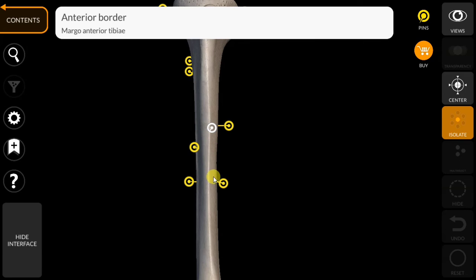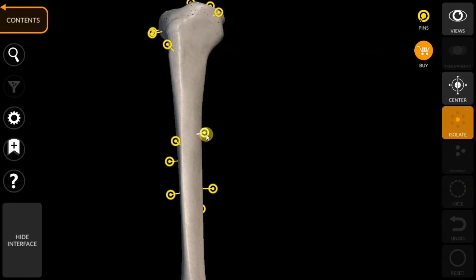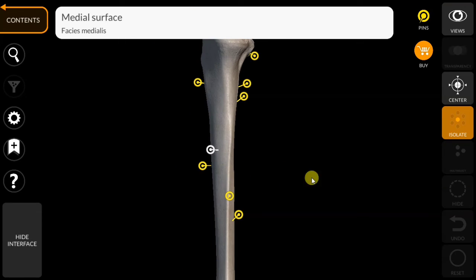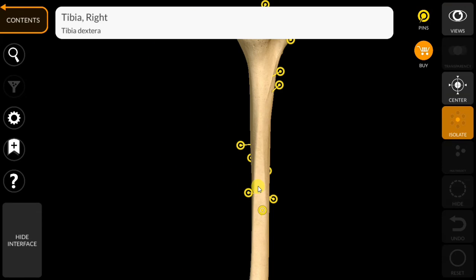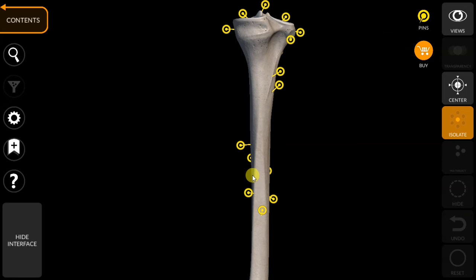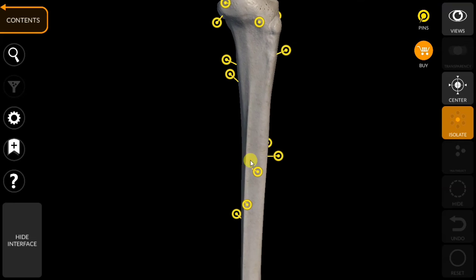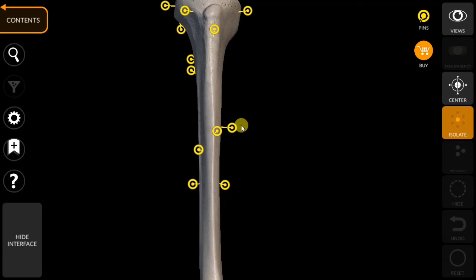There is an anterior border, no anterior surface, just the anterior border. There is a medial surface. There is a posterior surface with the lateral border and medial border. So there are three surfaces and three borders.